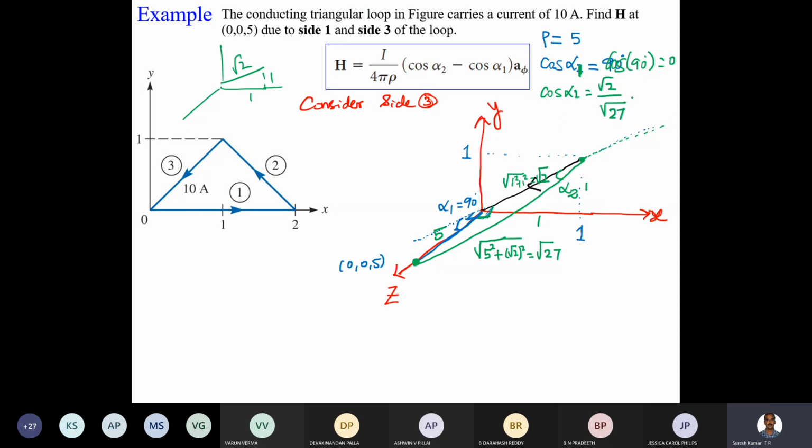So root 2 over square root of 27. So cos alpha 2 we have calculated, and at the end we can plug all this in. Rho we have calculated, cos alpha 2 just calculated, cos alpha 1 also calculated, it is 0. Now it is time to calculate A5. Any questions until these 3 steps? Rho calculation, cos alpha 1 calculation, and cos alpha 2 calculation.